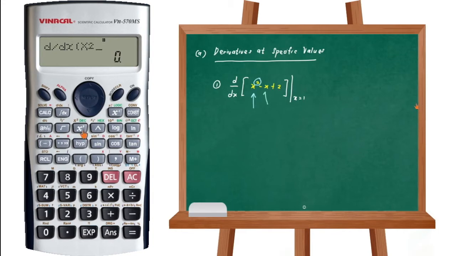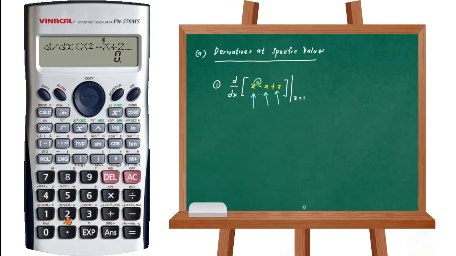To key in negative x, we just press the negative sign or minus sign, and then followed by alpha and then x. Next, we need to include this term plus 2, so go to this button, press it, and then this button 2.